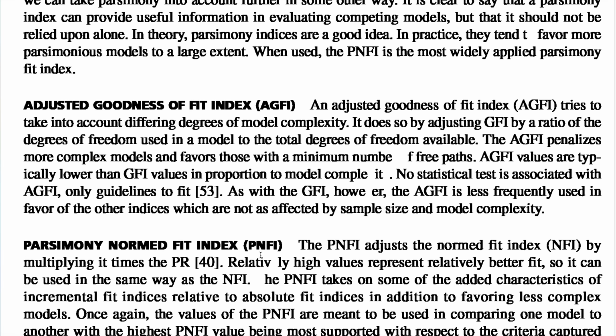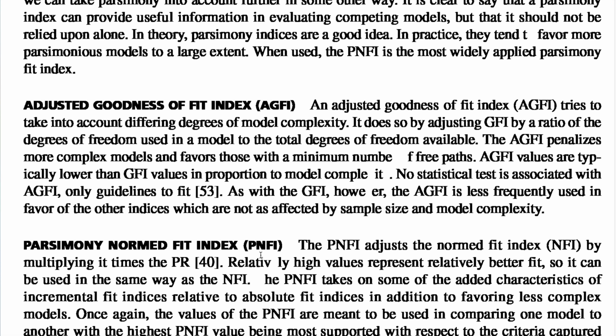Adjusted goodness of fit index. The adjusted goodness of fit index tries to take into account differing degrees of model complexity. It does so by adjusting the GFI by the ratio of the degrees of freedom used in a model to the total degrees of freedom available. AGFI penalizes more complex models and favors those with a minimum number of free paths.